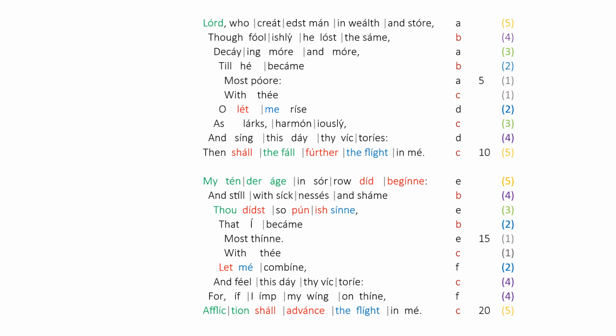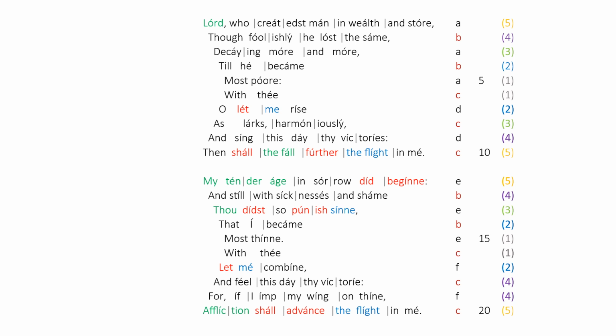"Lord, who created man in wealth and store, though foolishly he lost the same, decaying more and more, till he became most poor. With thee, O let me rise, as larks harmoniously, and sing this day thy victories, then shall the fall further the flight in me." Now, I'll get back to the Lord part in just a moment here.